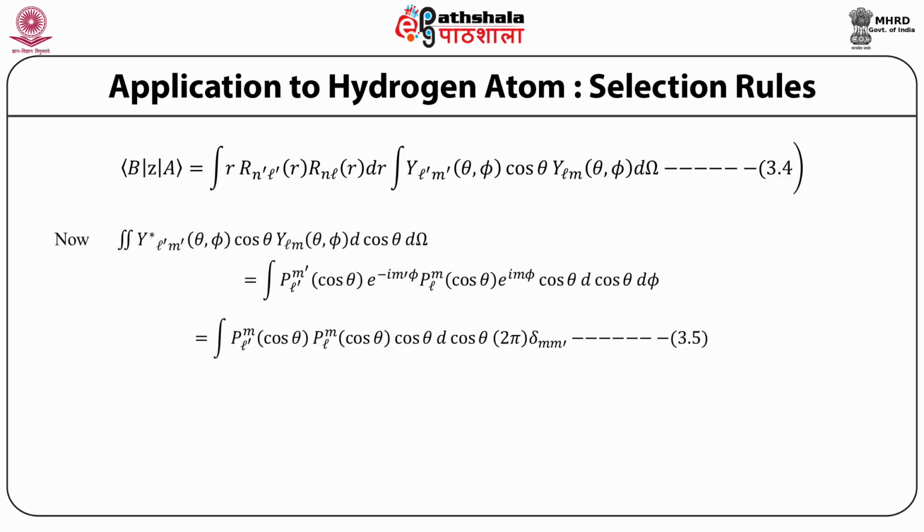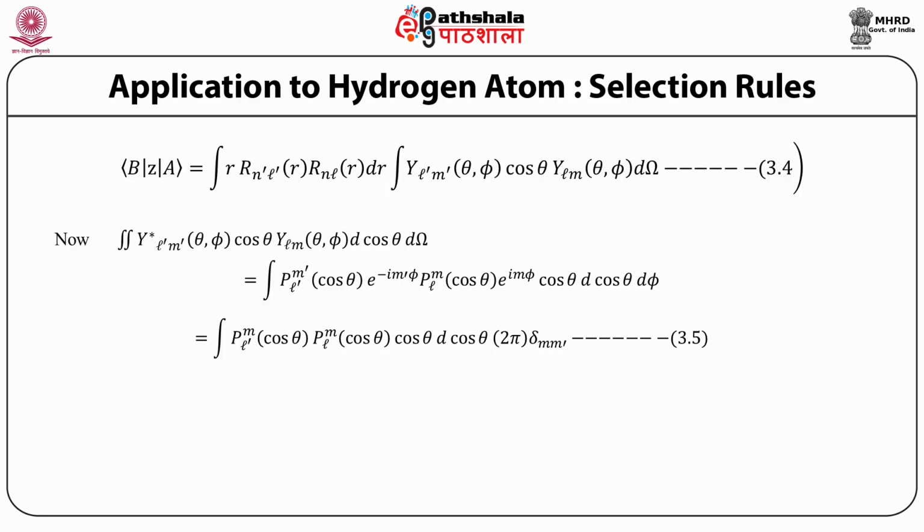Now, the integral of Y star L prime m prime times cosine theta times Y L m d omega becomes this. This can then be written as P m prime L prime of cosine theta, the Legendre function, times exponential minus i m prime phi, times P m L of cosine theta times exponential i m phi, times cosine theta d cos theta d phi.